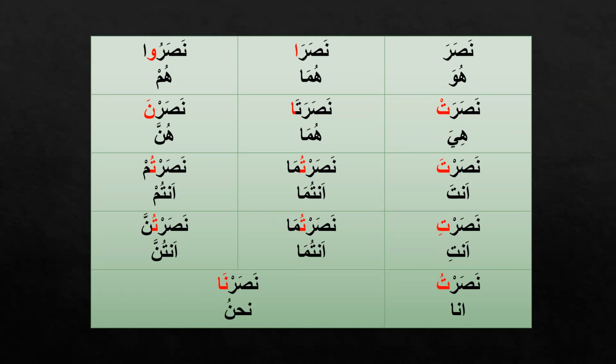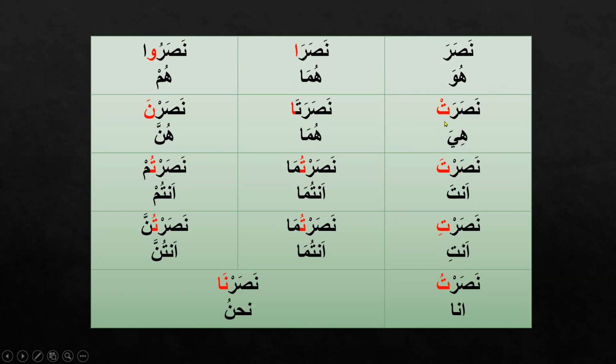Okay, so this fa'il is not visible, and here the pronoun will be hiya, just like here the pronoun is huwa, and here it was damir mustatir. The pronoun was hidden, right? Just like that, here the damir is mustatir, right?